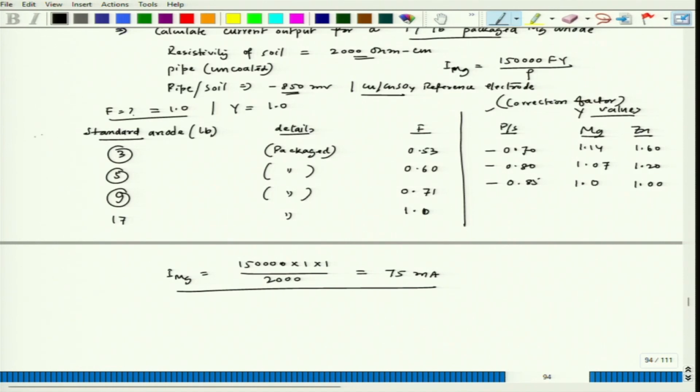Remember, this is for a single anode. Now if we try to find out multiple anodes, let us say 4 parallel anodes, and they are 10 feet apart.